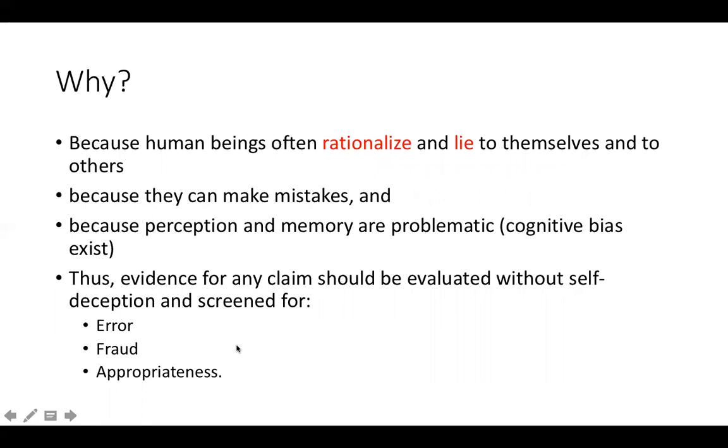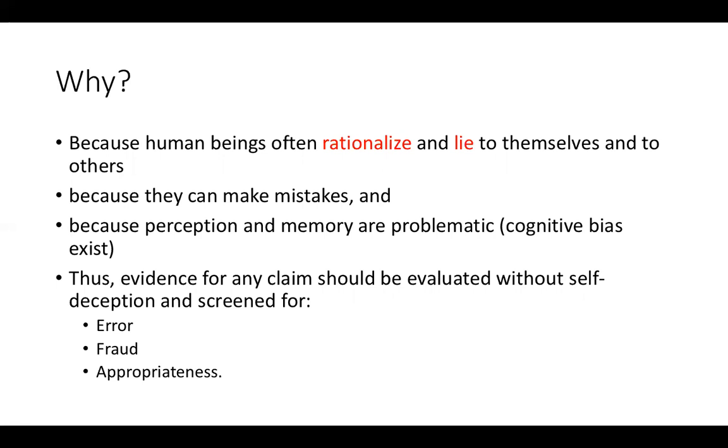So why are we doing this approach, the filters, or why do we need to follow a tool to look at claims and address claims scientifically? There are many reasons for this, but human beings often try to rationalize and lie to themselves, whether intentionally or sometimes even unintentionally, to prove themselves to be right. Human beings can make mistakes.